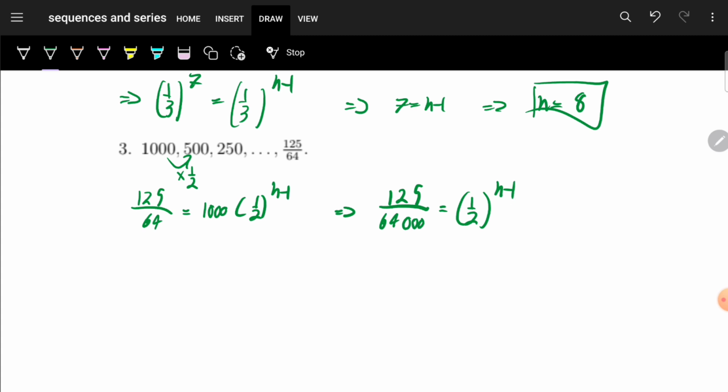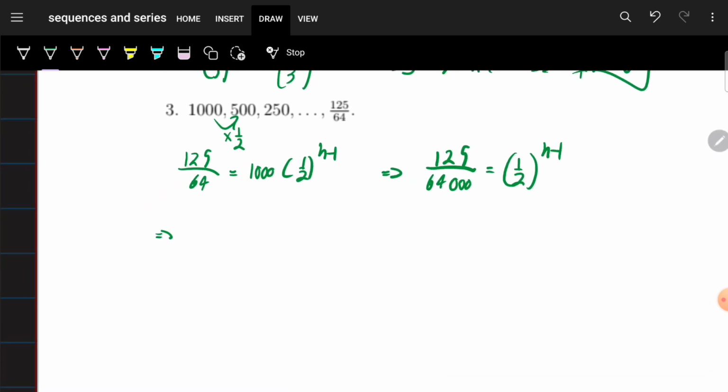So let's see, can we simplify 125 over 64,000? We should be able to do that because they're both divisible by 5, right? So I will do that with a calculator. So that fraction simplifies to 1 over 512. Again, verify it yourself. Make sure you agree with what I'm writing down.